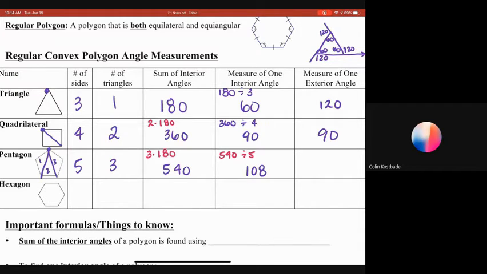So if I know that they have to be supplementary and I know one's 108, how could I use that information to find my exterior angle? What could I subtract? Yeah, exactly. I could just do 180 minus 108. That's going to give me 72. Good.